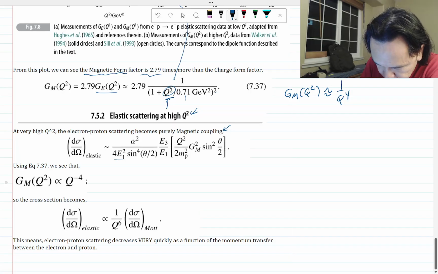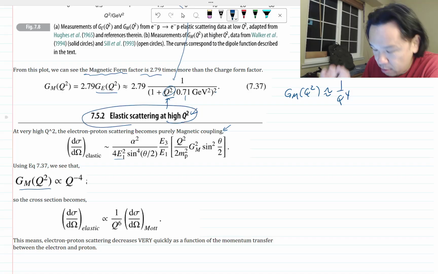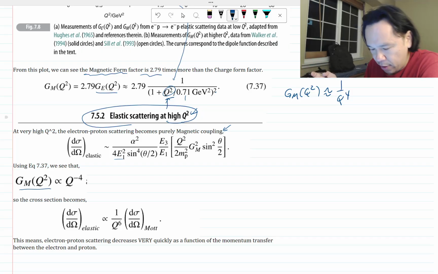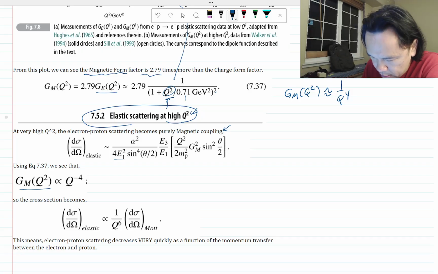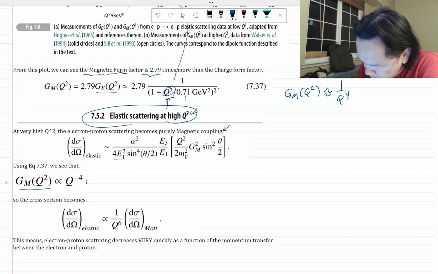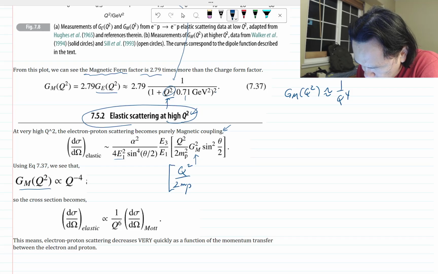So at very high Q squared, in other words, very large scattering angle, like 135 degrees, I'm just going to write out this factor here, Q squared over 2 MP squared.